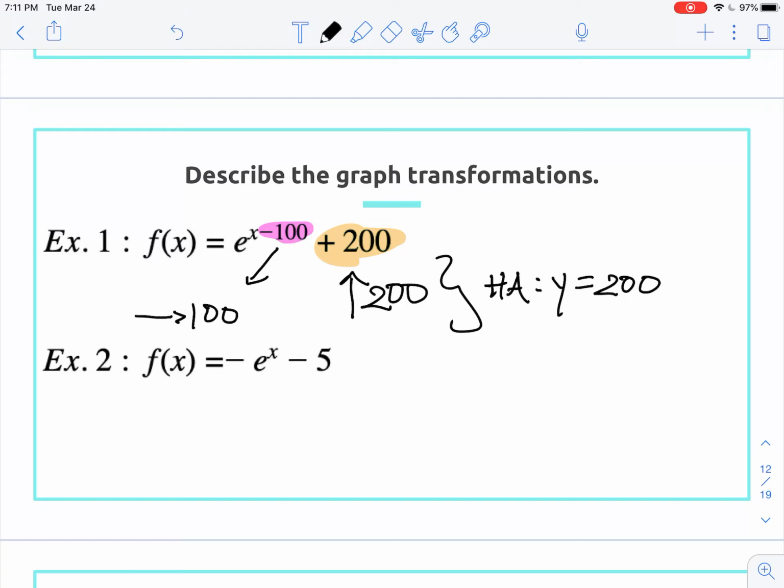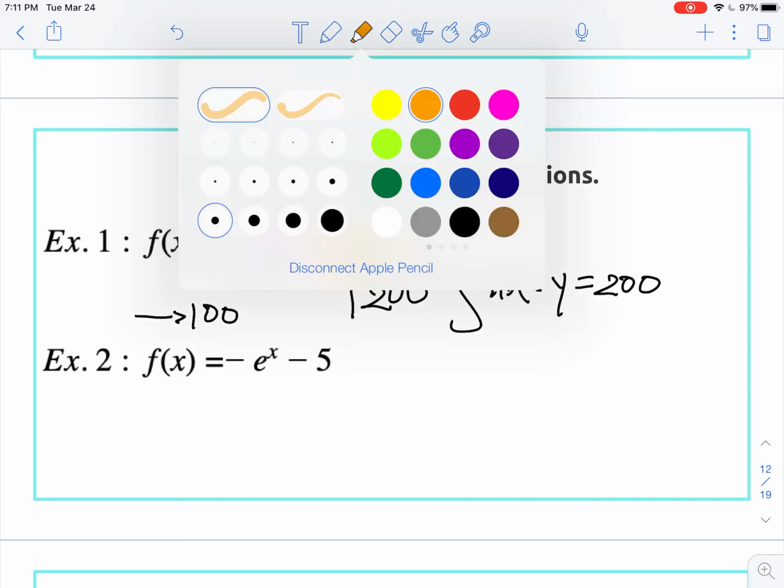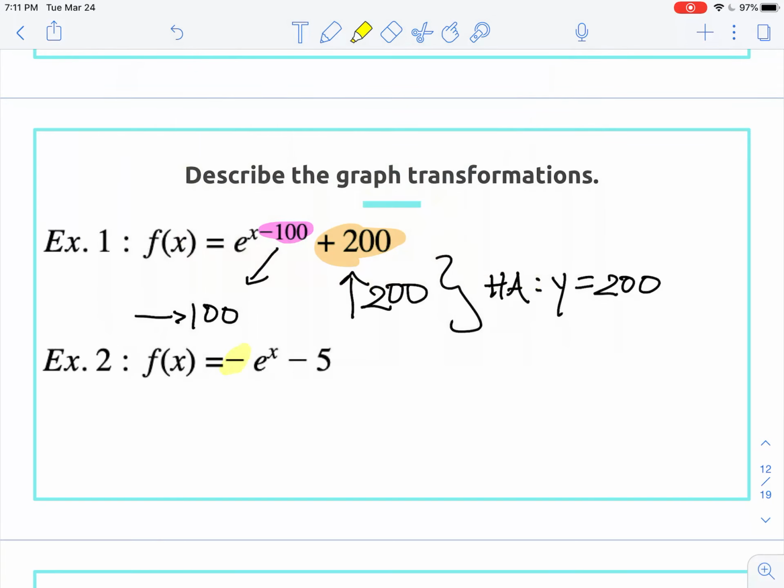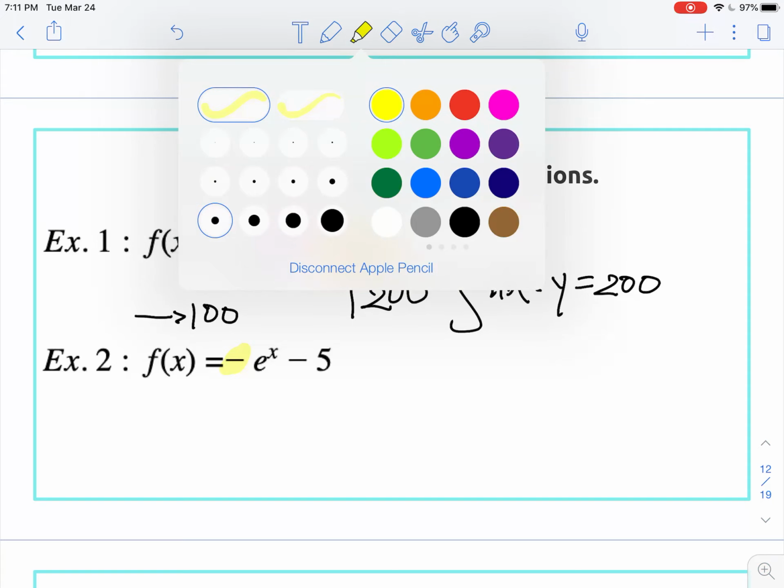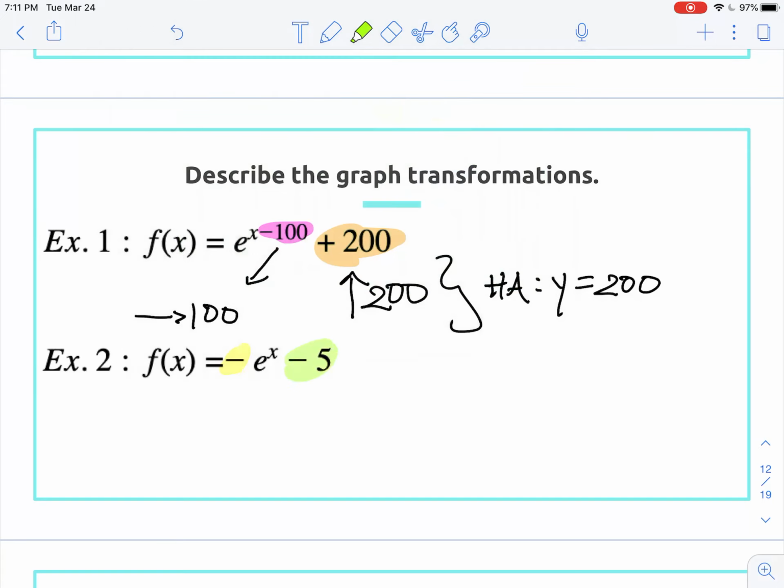If we take a look at example 2, we've got a few different transformations here. We've got a negative in front, so I know there's a reflection, and I've got this minus 5 at the end.